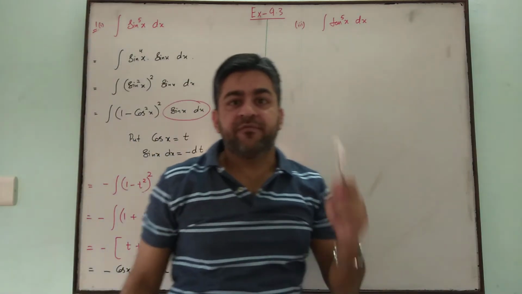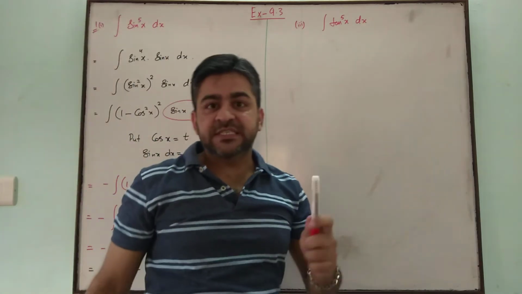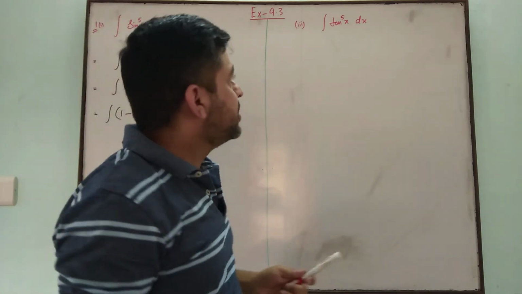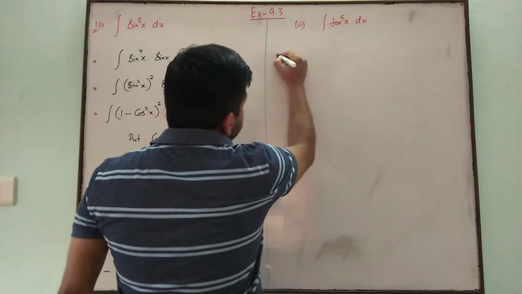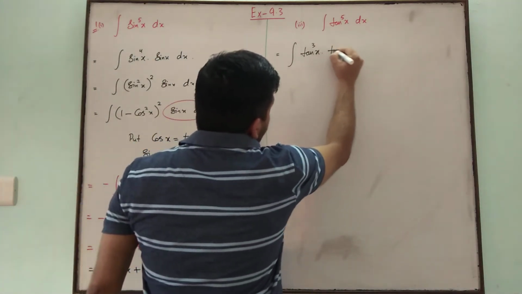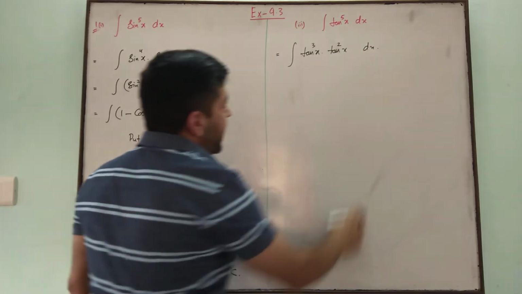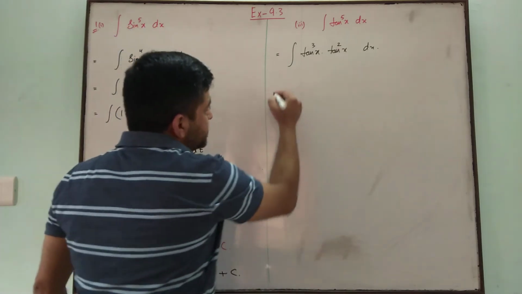Tangent to the power 5: tan has a relation with secant square, so it is better to convert it into tan cube x into tan square x, so that tan square we can convert into secant square.